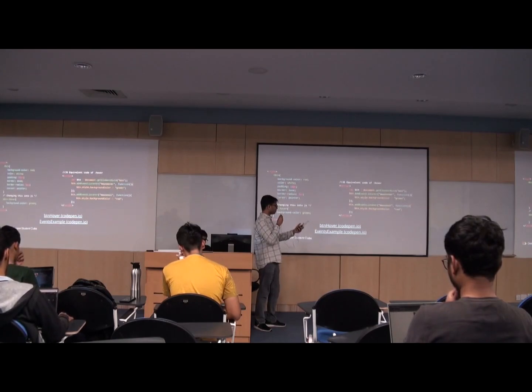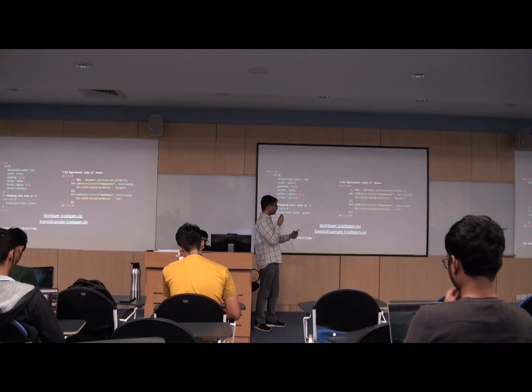It will change its style and change the background color to green. And whenever the mouse is out, you would want to change it to the default. So we use mouse out to again trigger the function so that you can change it to the default color.